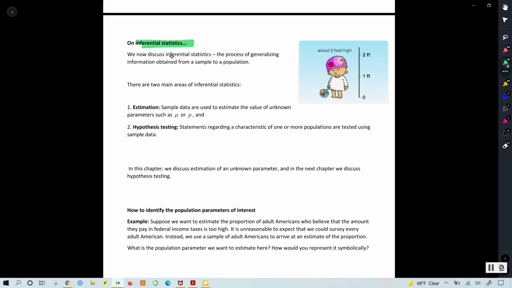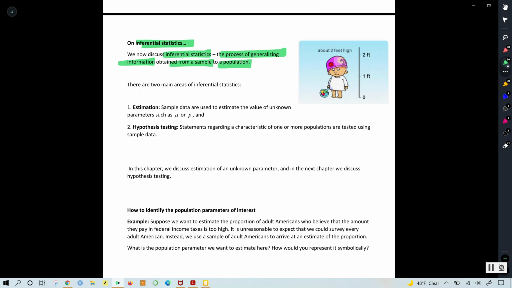In other words, in inferential statistics, unlike in descriptive statistics, we're interested in the process of generalizing information that we collect or extract from sample data and see how it applies to the entire population.